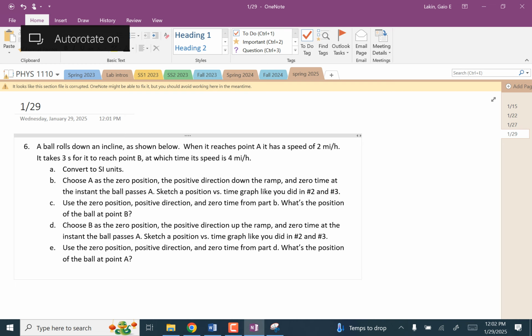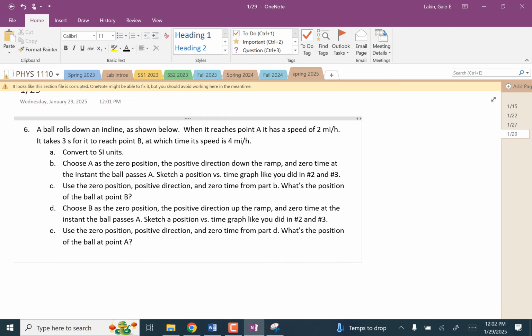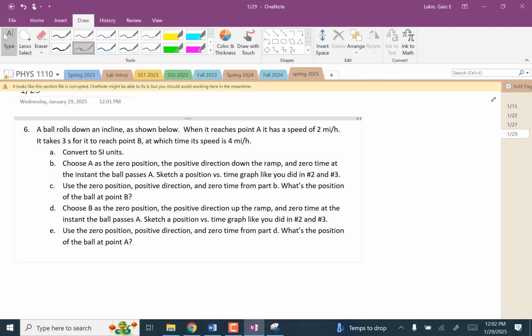This is one of the few problems that I make you do a unit conversion on. So let me see. 2 miles per hour is about 4.47.